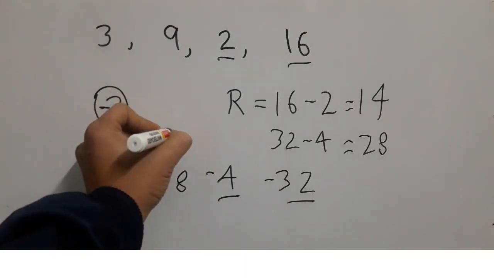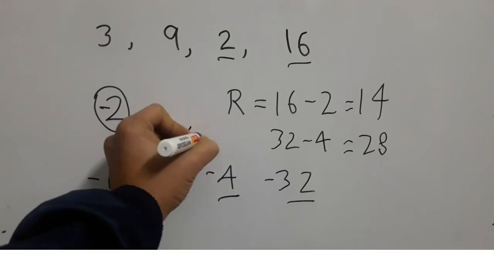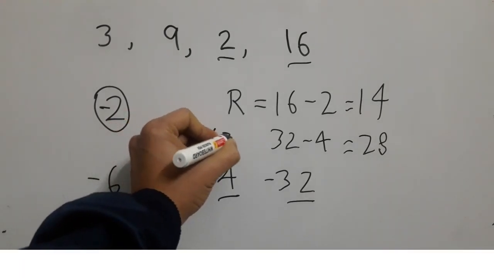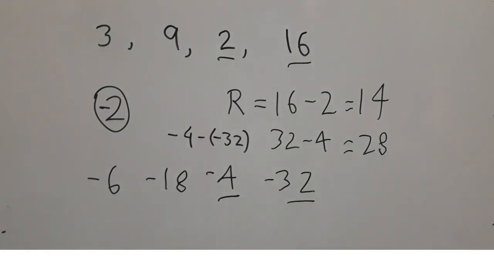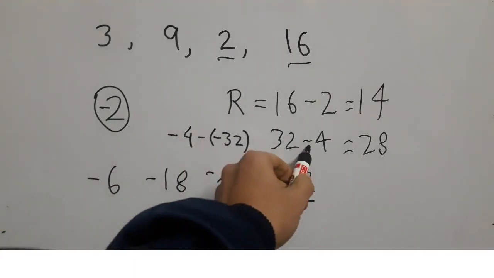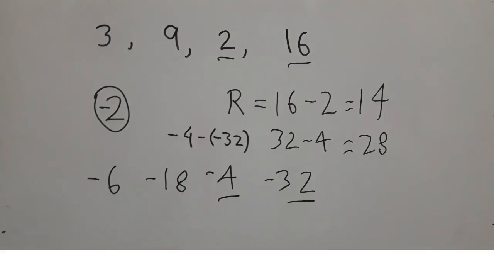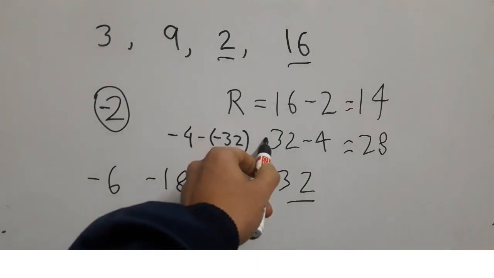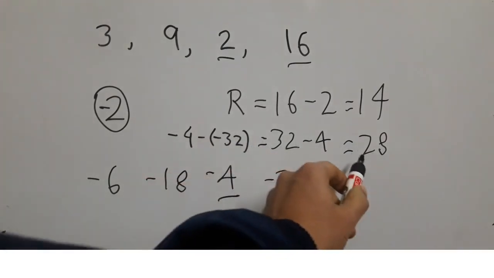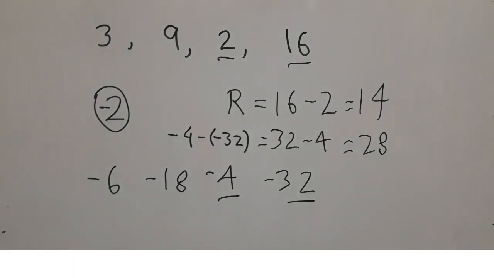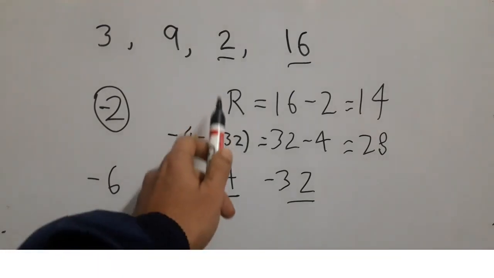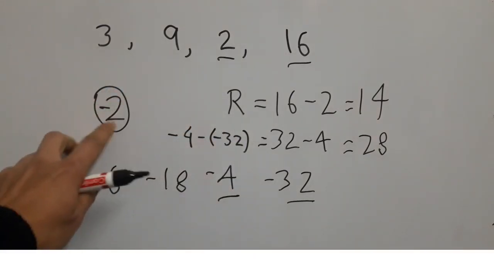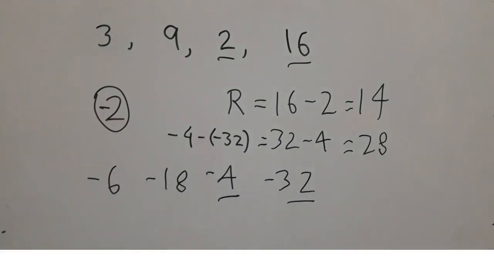So I will be doing minus 4 minus minus 32. But observe that this minus 4 is this minus 4 and two minuses will give you a plus. So this will again be the same as 28. So whether I multiply the numbers with a positive quantity or a negative quantity, in both cases I end up multiplying the range by only 2. So the sign does not play any role.